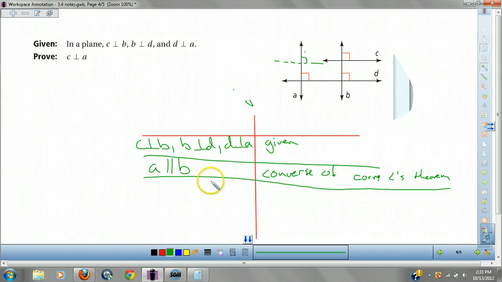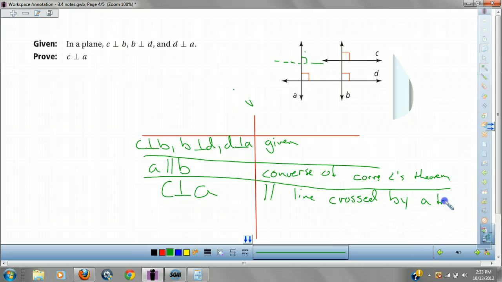So then, C is perpendicular to A. And that's by a theorem with parallel lines crossed by a transversal, and the transversal is perpendicular to one line.